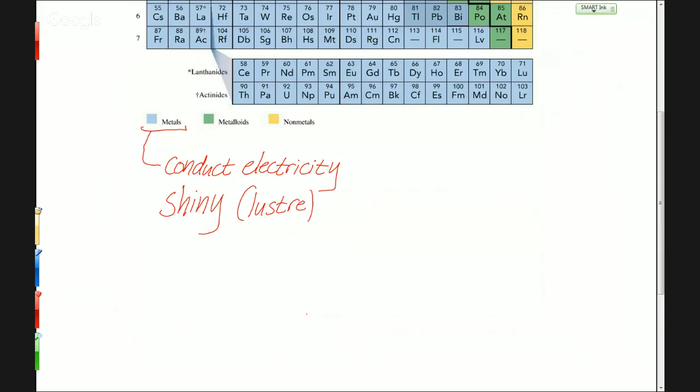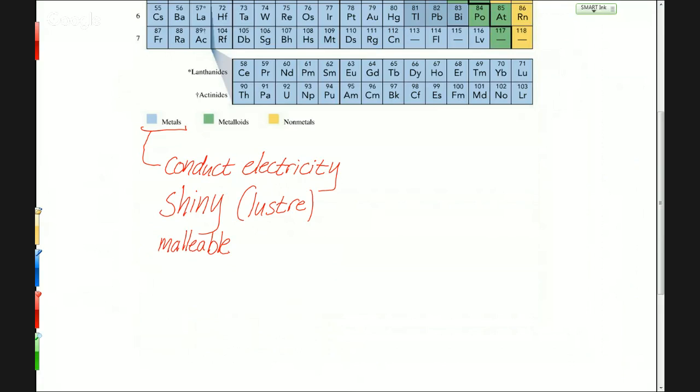Yeah, so the technical term for that is that metals are malleable, which means they can deform without breaking. The reason for that has to do with the electrons in a metal, the structure of where the electrons are.